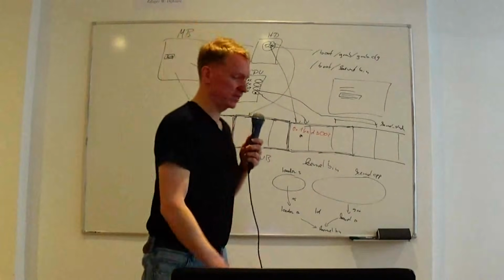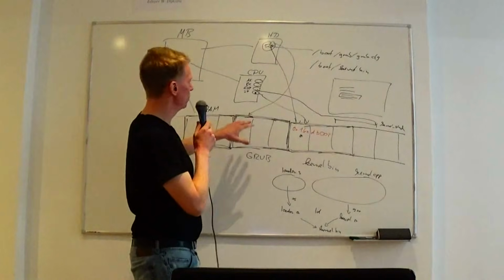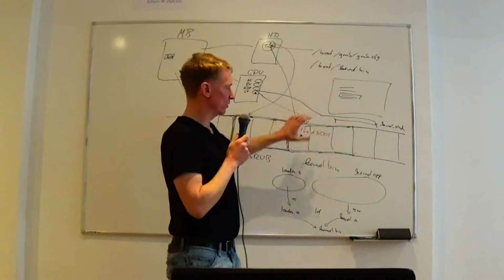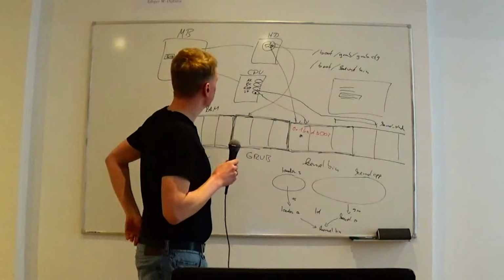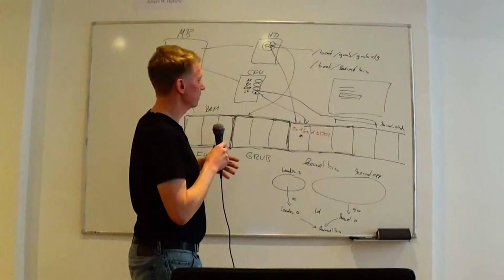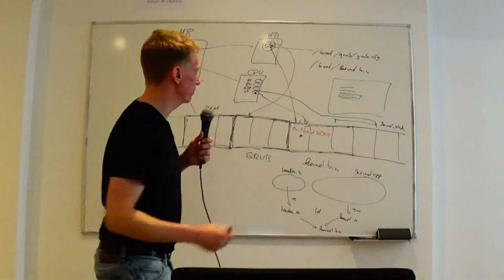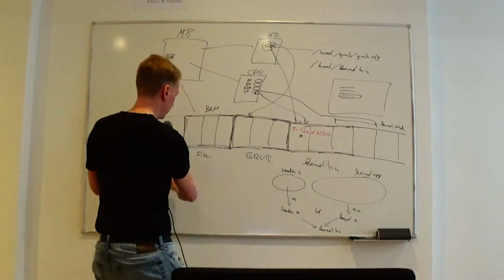But there's another thing. When the bootloader has decided, okay, this is a kernel, I will load it and I want to jump into this, before it does that, it actually stores some information somewhere in the RAM.